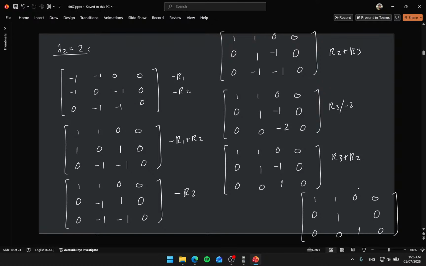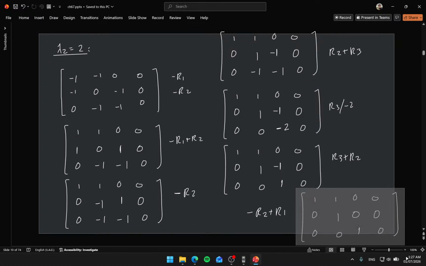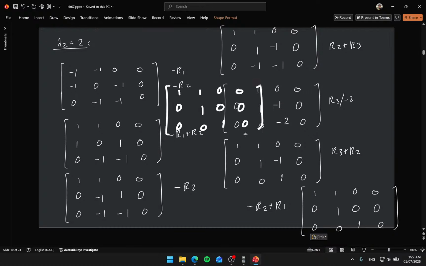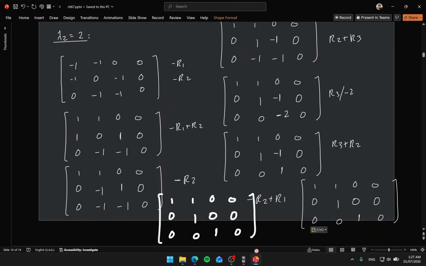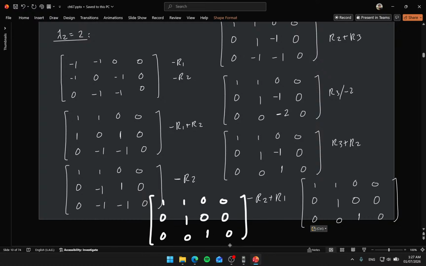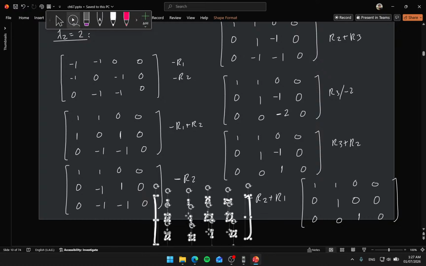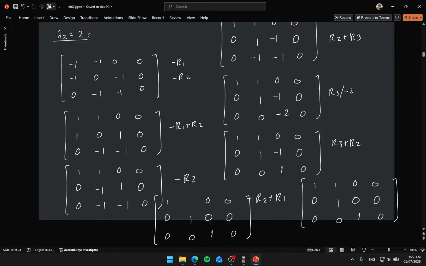And that's it. That's the best I can do. Or maybe I can do negative here and cancel this. So that's one last reduction. So that's 0.